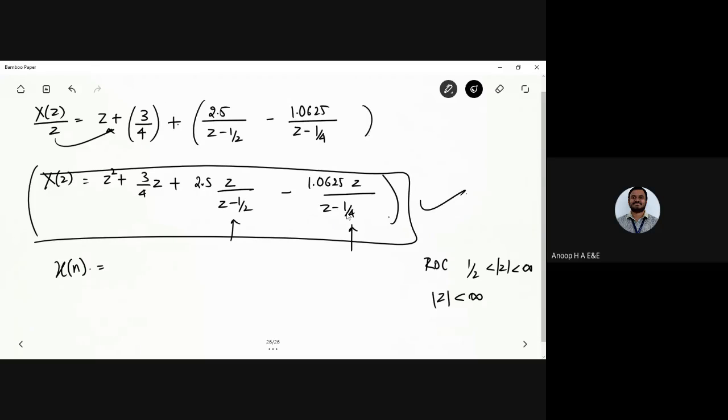Next, what is the other way? Mod z, 1 by 2 less than mod z, so mod z is greater than 1 by 2. Can you let me know, in the inverse z transform, will you have a negative time sequence here?